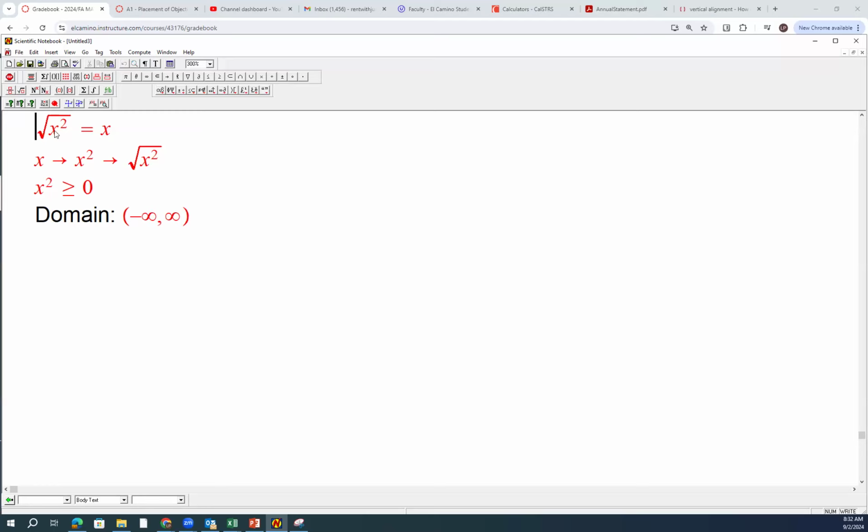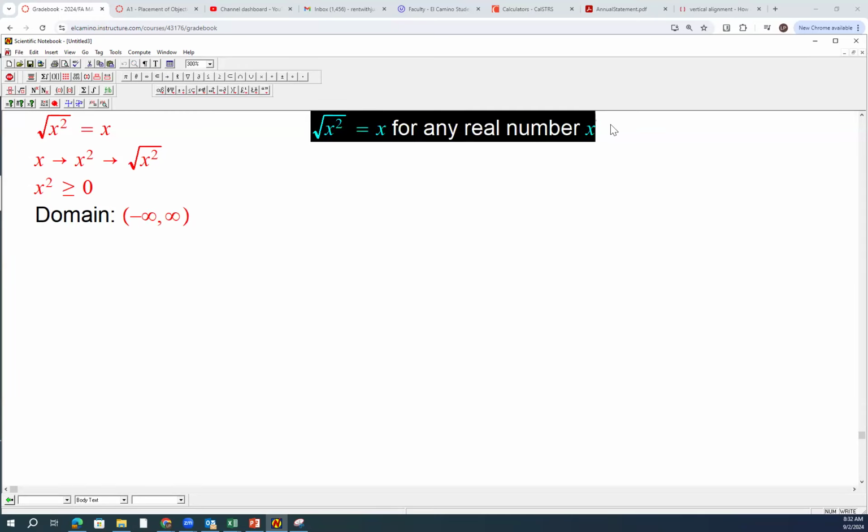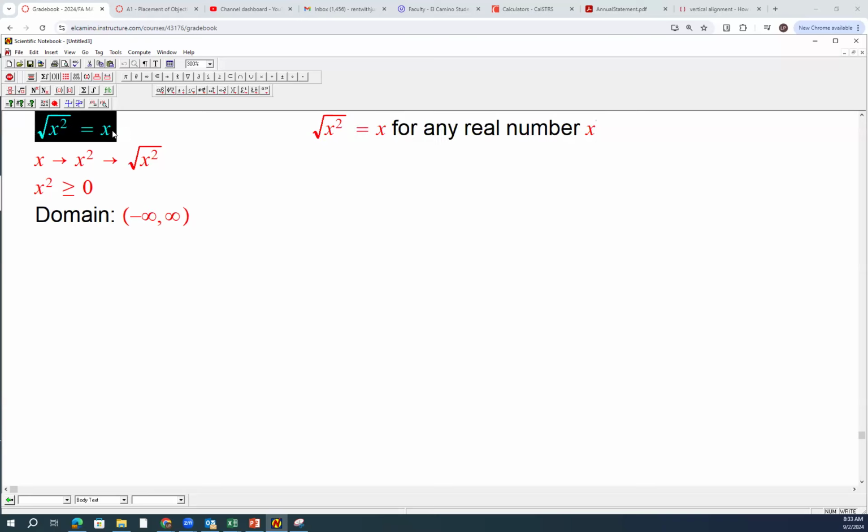Sometimes we are told the statement "for any real number x." Sometimes you're given something like this, sometimes you're given just something like this.